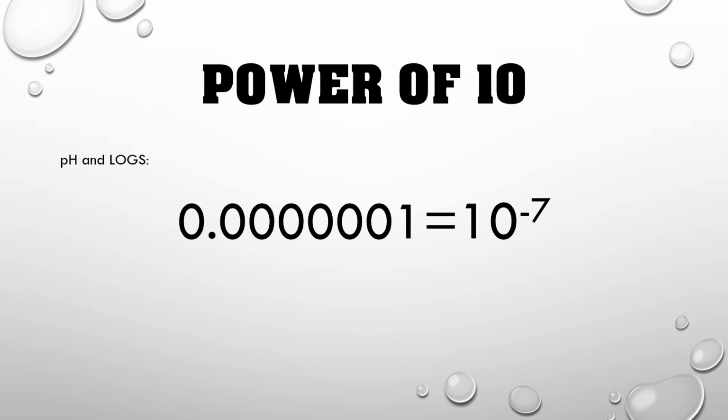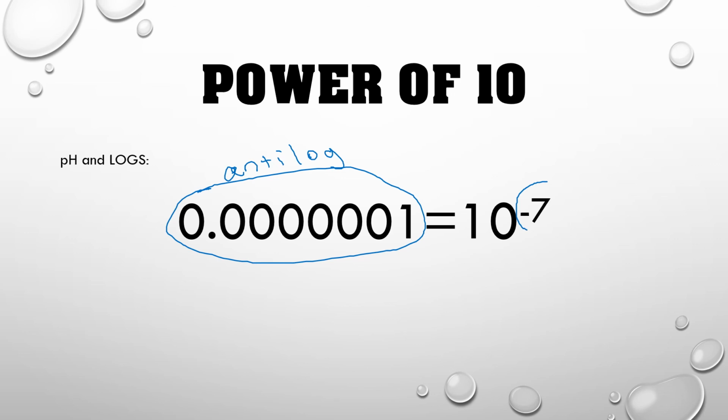So the power of 10, pH, and logs. This is going to be this anti-log, and this is going to be the log. And this doesn't just go for pH, this goes for any scientific notation, any power of 10's exponent after a 10. If you have 10 as the base, whatever the exponent is going to be the log.